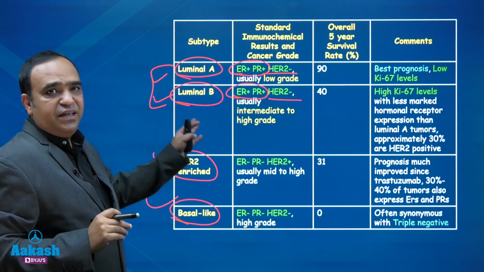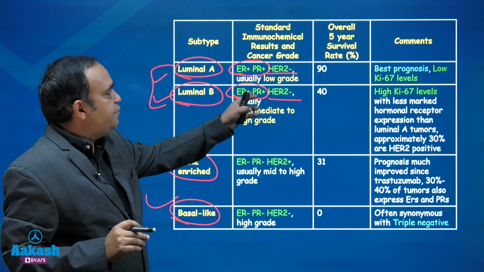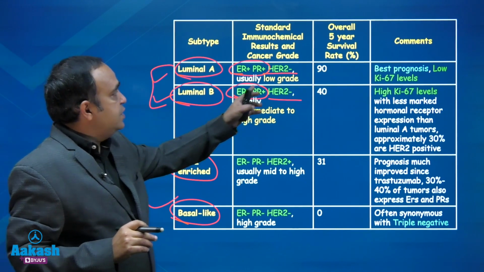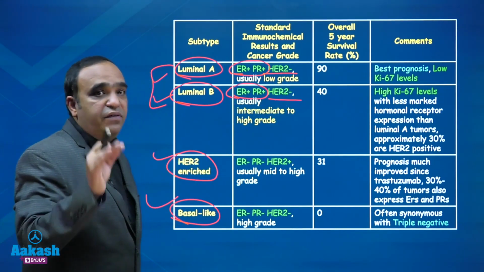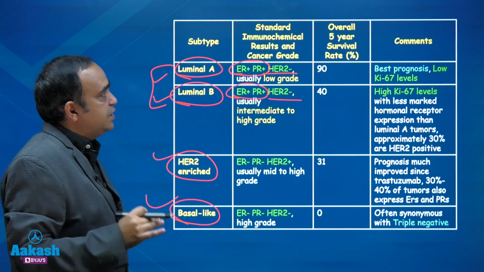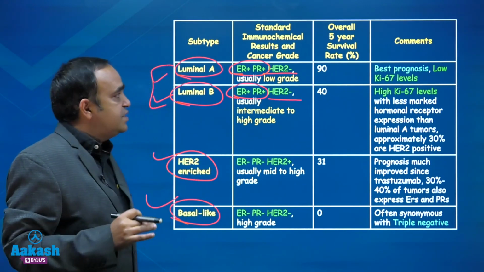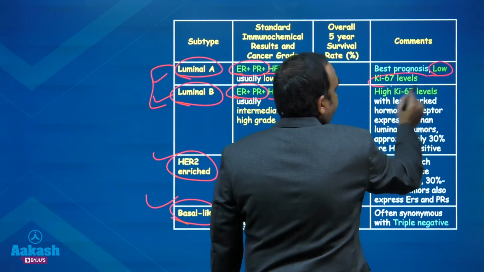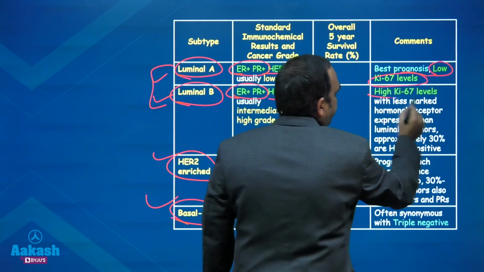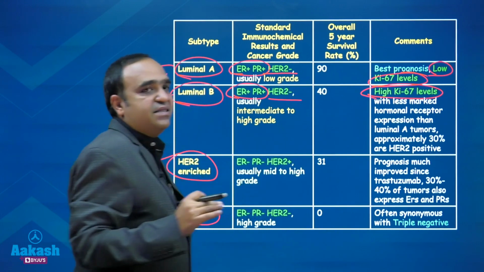So they are better tumors because presence of friendly receptors, absence of enemy receptor. But there is only one difference, and that difference is in the level of Ki67. Luminal A has low Ki67, whereas luminal B has high Ki67.